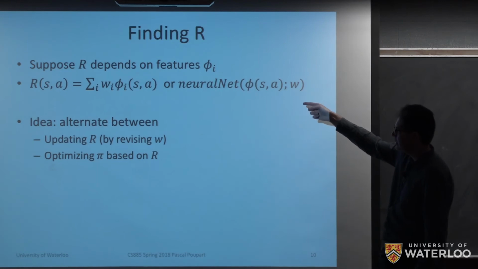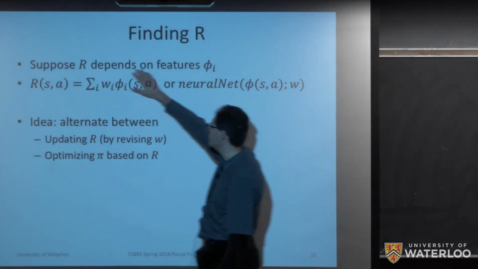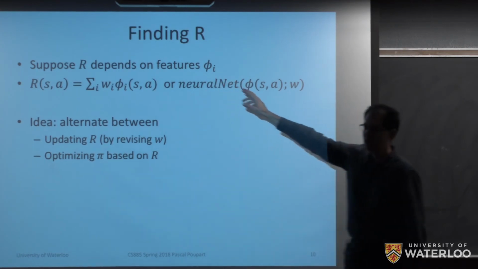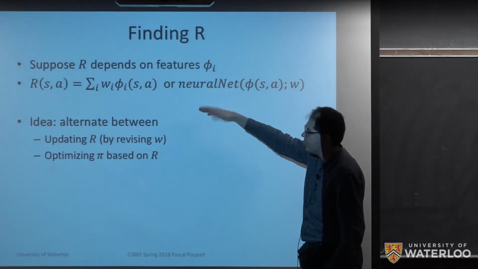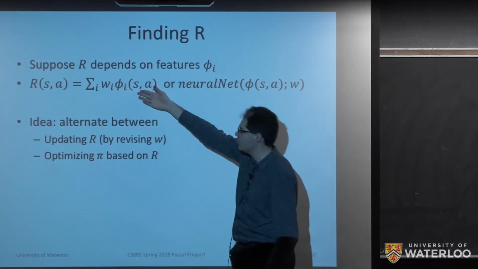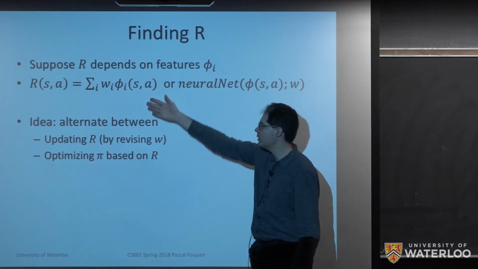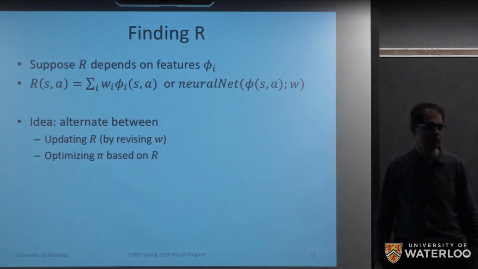Okay, so in this context, let me define a reward function that depends on some features. I'm going to denote those features by phi_i. Concretely, the reward function might be a linear combination of the features, or it might be some nonlinear combination, maybe represented by a neural network.